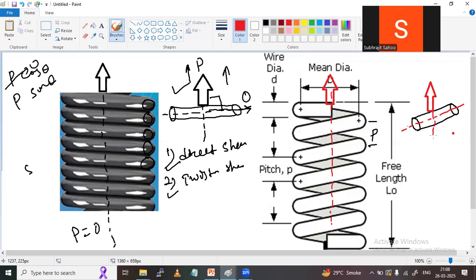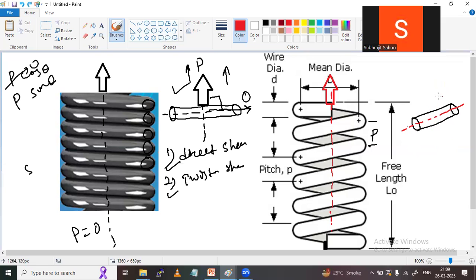Now the load is P. Tell me, in this diagram, is there one component of force or two? In this second system, the open coil system, I will get two components of force.